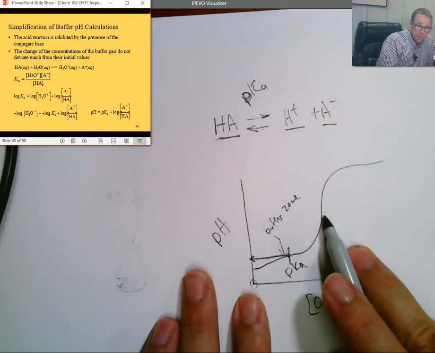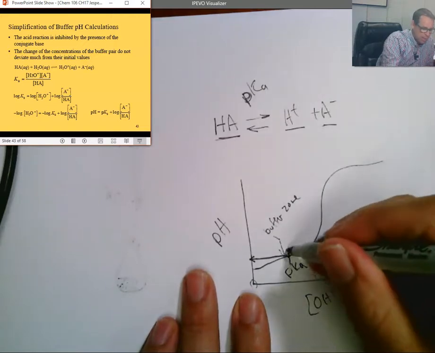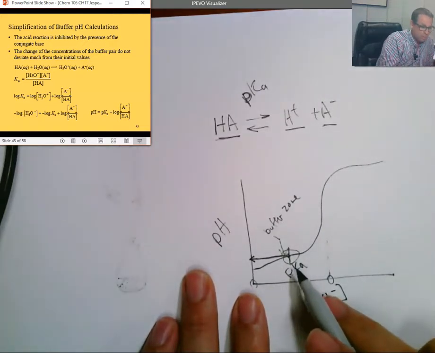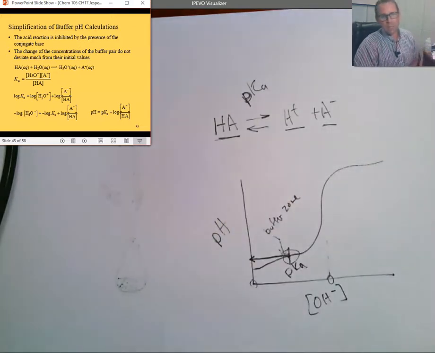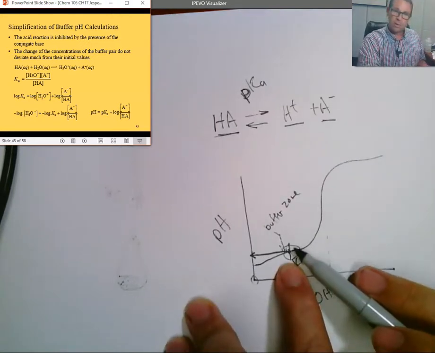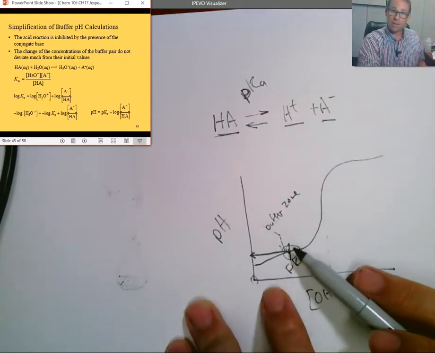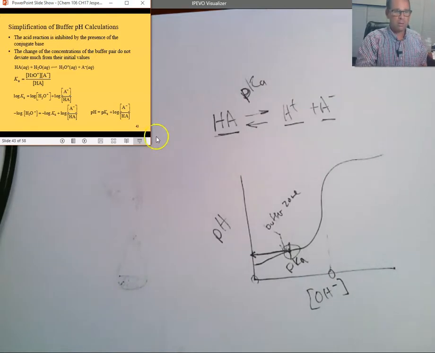This would be 100% dissociated. But at that pKa, that's the special pH for whatever our given acid is. So they have lists of acids and their pKa's, because those are special pHs. Those are the pHs that they behave like buffers the best at.